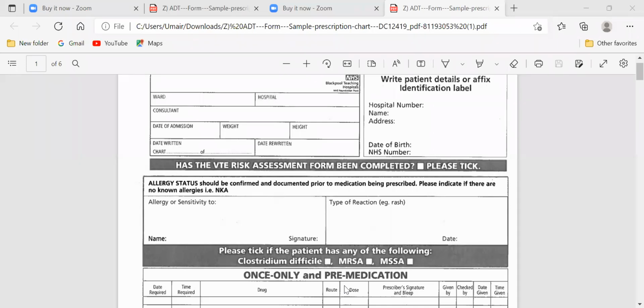Patient is already taking atorvastatin, tiotropium, seretide, salbutamol.